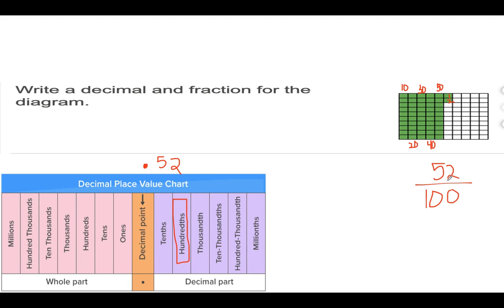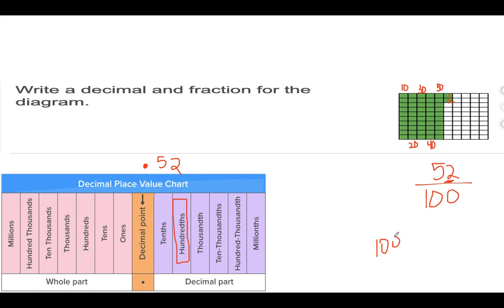So the very last digit of your number has to make sure that it ends in the column that matches your denominator. Okay, so if it was thousandths, I'd have to make sure that my 2 landed in the thousandths column. So it would look like this.